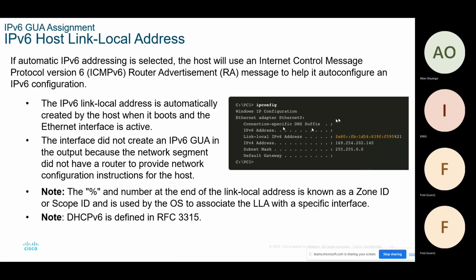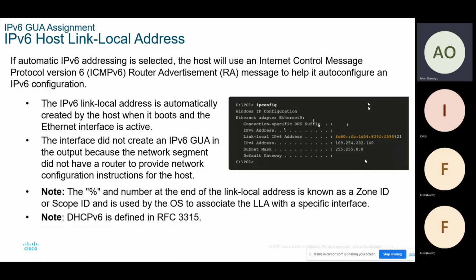Now, if you select automatic addressing in IPv6 within your devices, then the host will always use a protocol we have talked about before, but it's version 6, and that is ICMP. ICMP, which is Internet Control Message Protocol, exists for both version 4 and version 6. That of version 6 contains two messages.